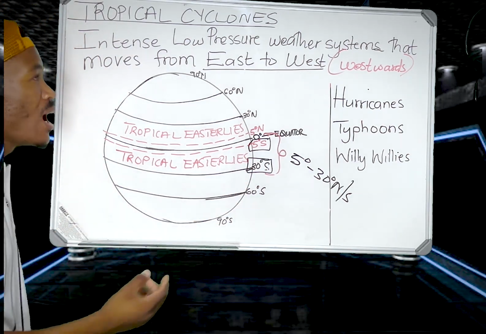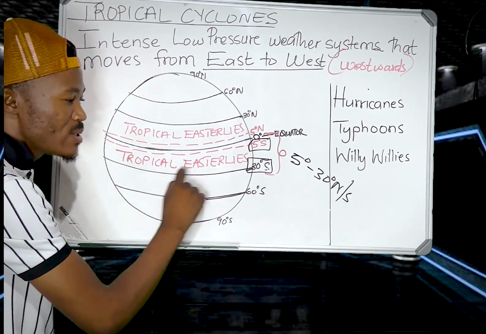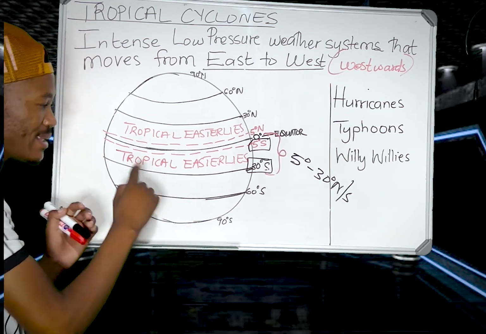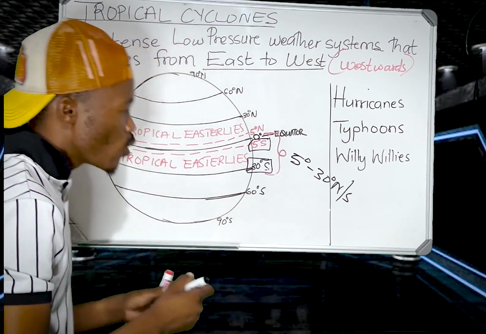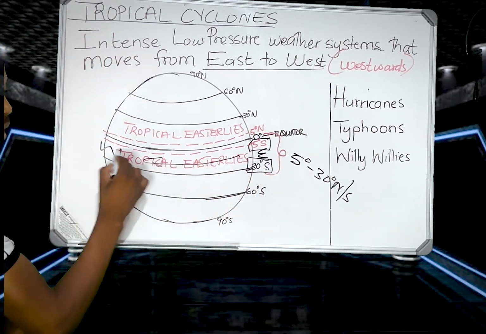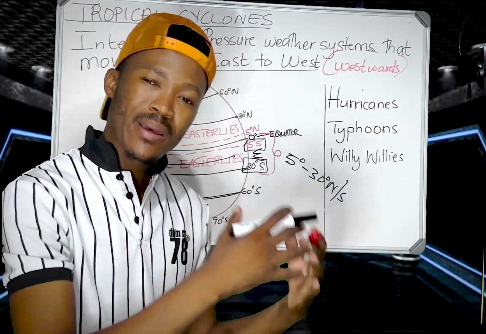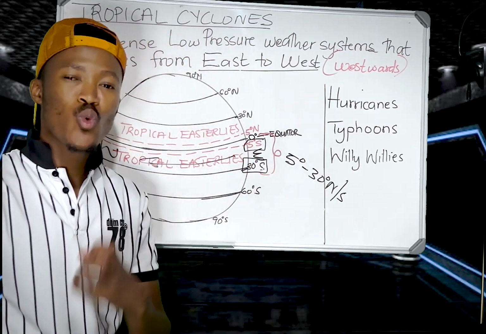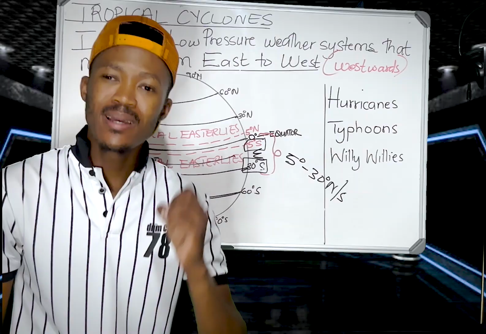As a result, our tropical cyclone, since it is found in this wind belt between 0 and 30 degrees latitude, is driven by these tropical easterlies to move from the east all the way to the west. Why are tropical cyclones moving from east to west? They move from east to west because they are under the influence of tropical easterlies.